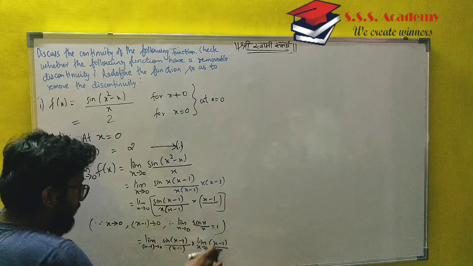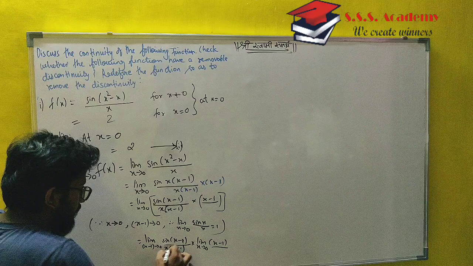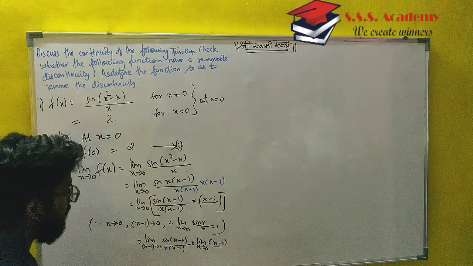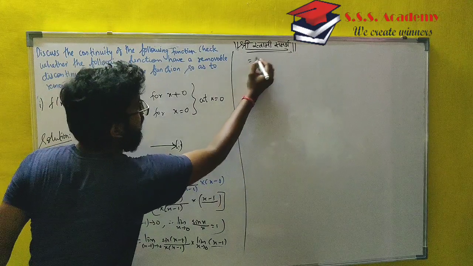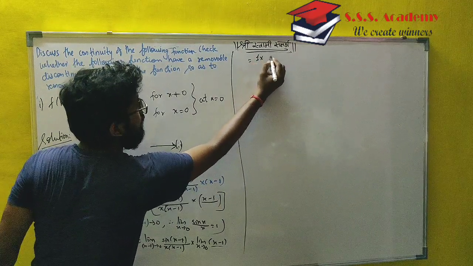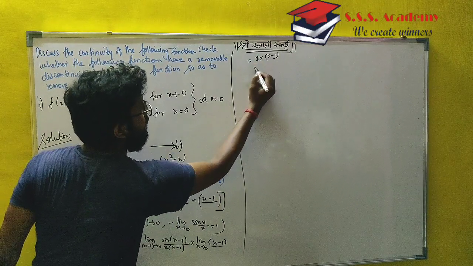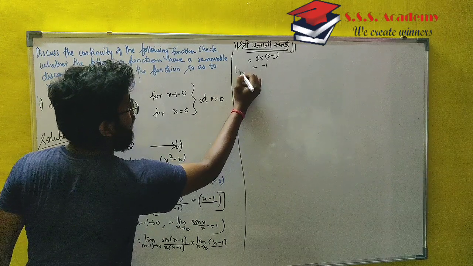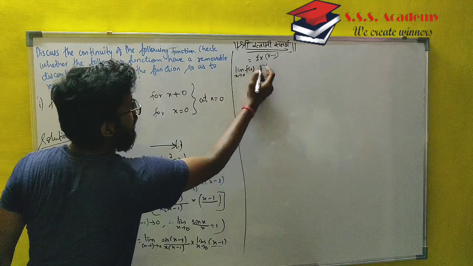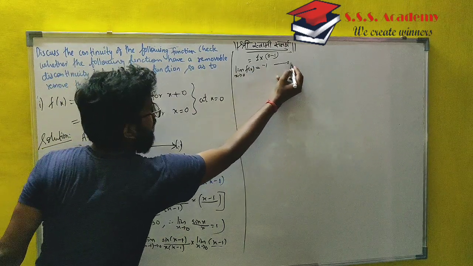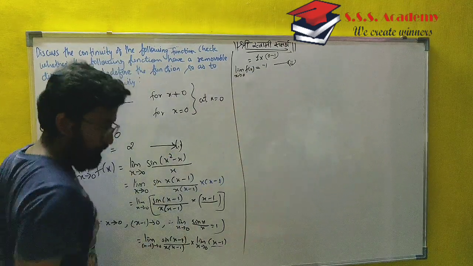So this x will remain with this only. On substituting x over here, according to the formula we get 1 over here, and this will be 0 minus 1, so that is minus 1. So limit x tends to 0 of f of x has value minus 1, and we'll keep it as equation 2.